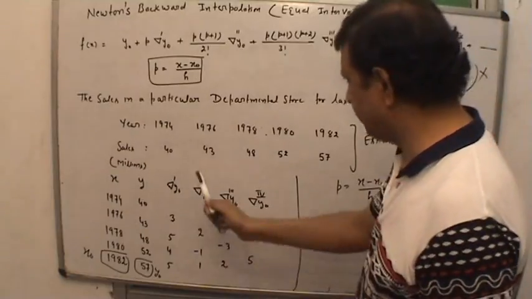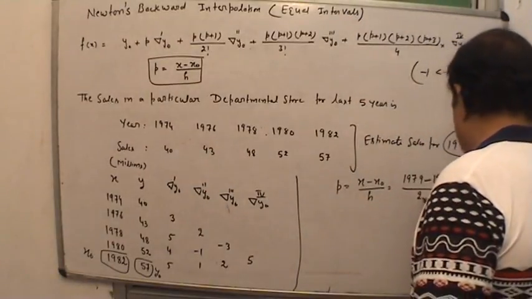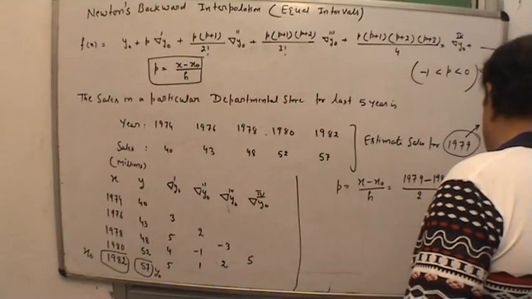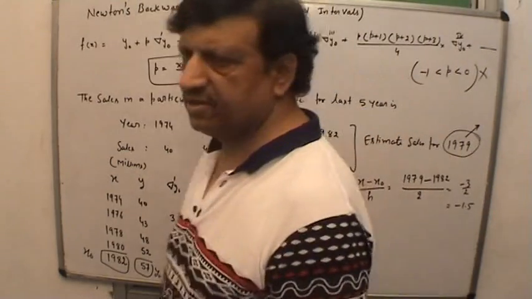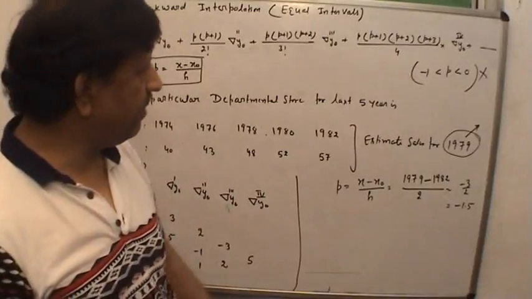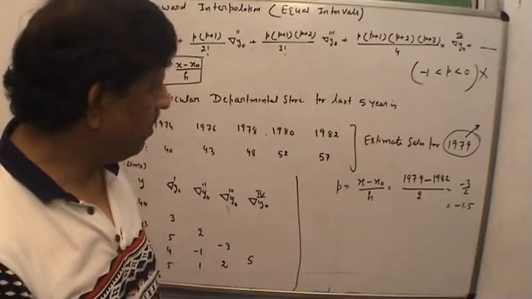We see height 2, 2, 2, 2. Height 2. That is equal to minus 3 by 2. It means that is equal to minus 1.5. It means this time the result does not obey the given property, or the standard property, of the p.